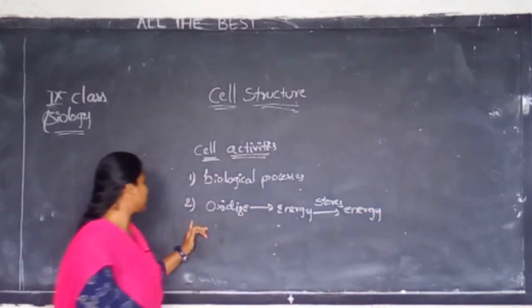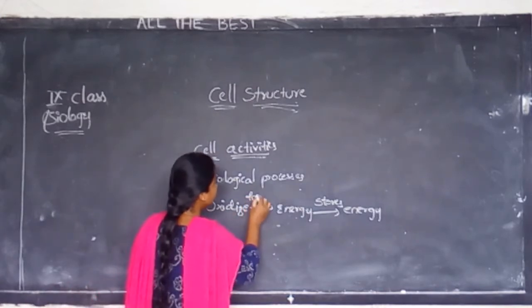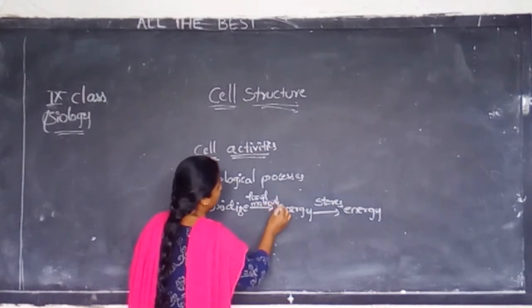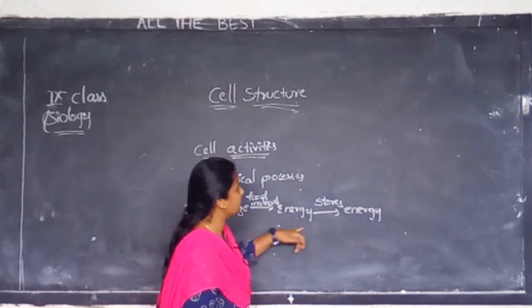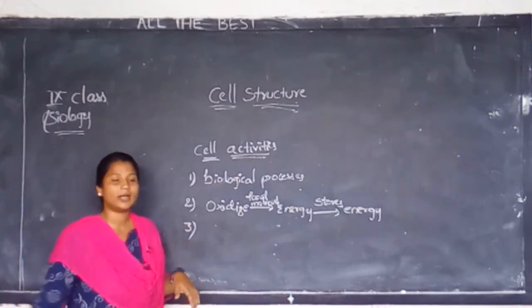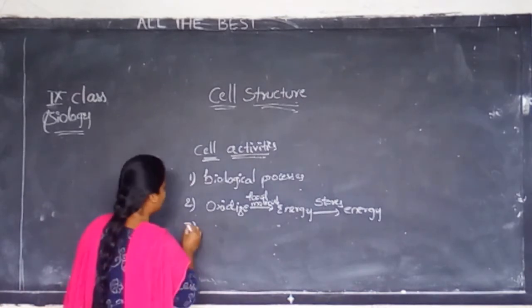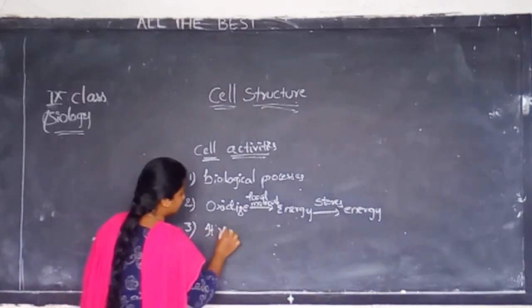The cell oxidizes the food molecules and produces energy and stores the energy. It can respire and exchange gases with the surroundings. Okay? It can respire.